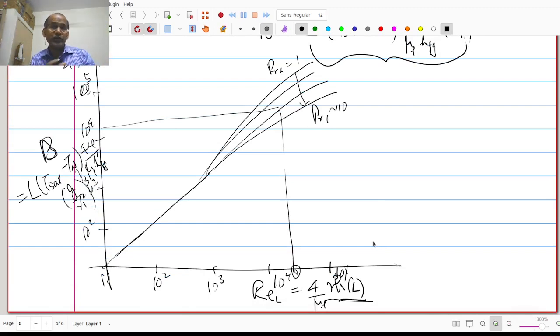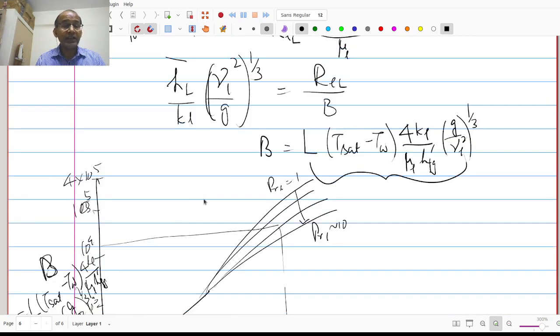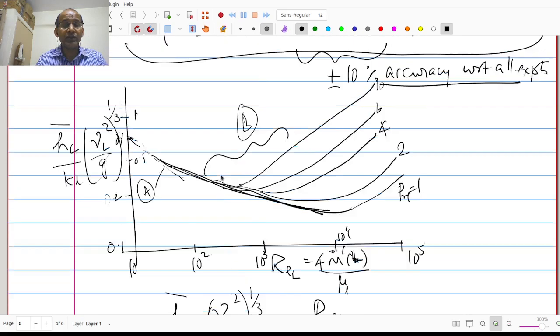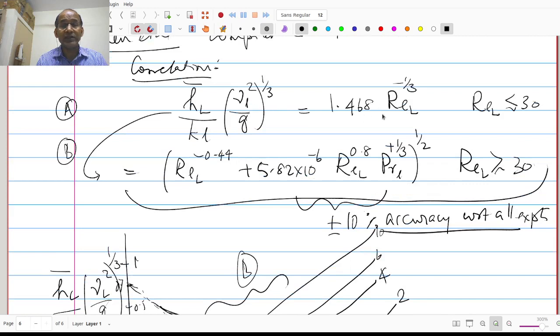So here you cannot use the Nusselt correlation because the Nusselt correlation is valid in a narrow region here, less than 30, but above that, this straight line would be valid. So basically in this graph, you substitute for HL by KL from these two expressions.